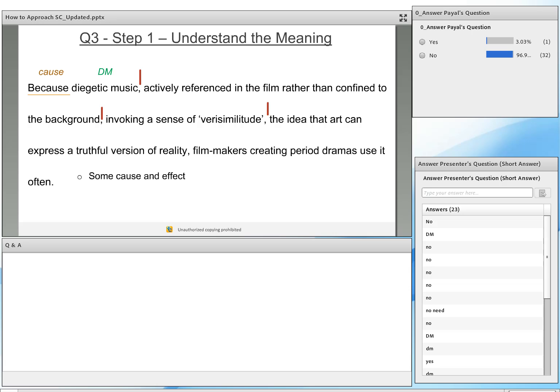The idea that art can express a truthful version of reality. Now the author has himself described what verisimilitude is. It's the idea that art can express a truthful version of reality. Even if this part were not there, still not knowing the meaning of verisimilitude would not have gotten in the way of my answering this question, because I can always say invoking some kind of sense.